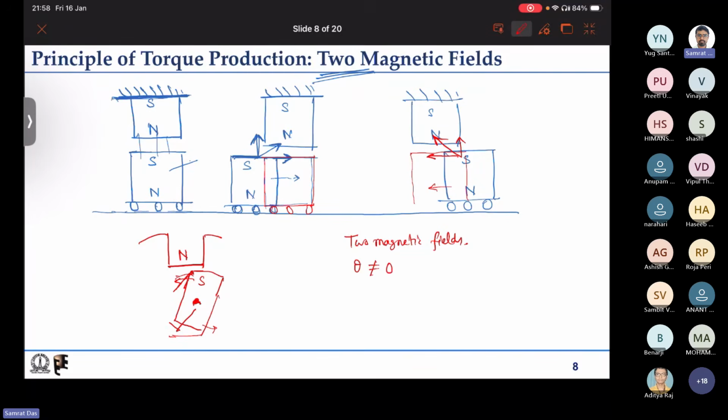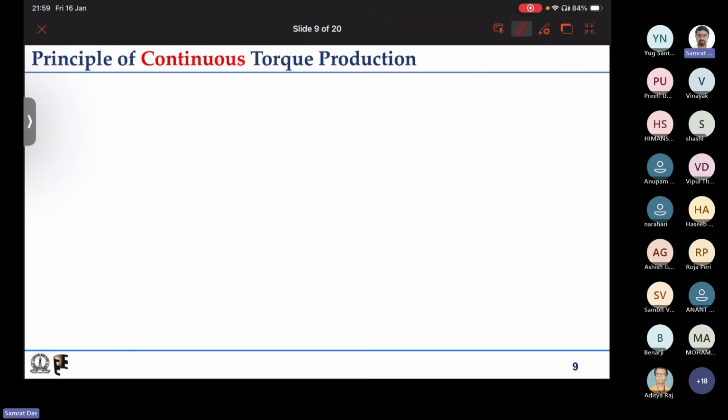If we have that situation, yes, we will have some torque, but after some time, naturally because it is trying to be aligned along that direction, theta will become 0. If we allow this to rotate, then theta will become 0 and there will be no torque production. So next slide we will discuss what is required for continuous torque production.